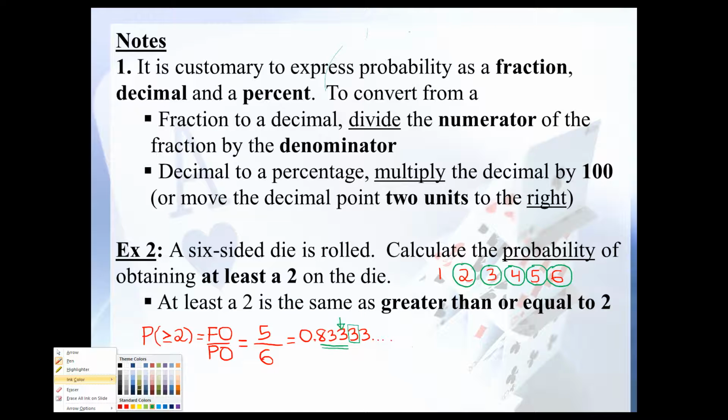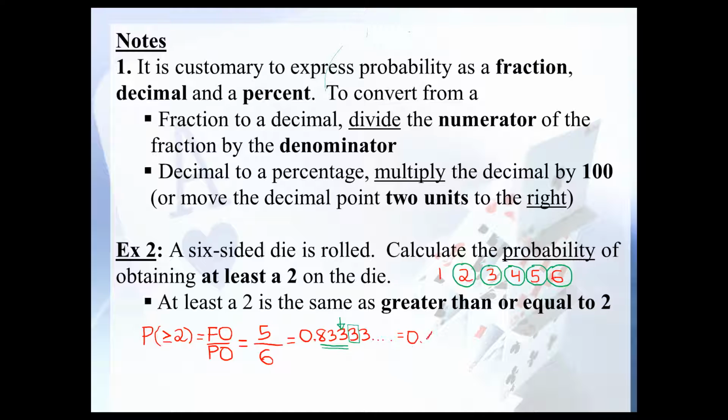Okay, so let's go back to the regular ink color. If I rounded this to the nearest thousandth, it'd be 0.833. And then to turn this into a percentage, you multiply this number by 100, or you simply move the decimal spot 1, 2 units to the right.